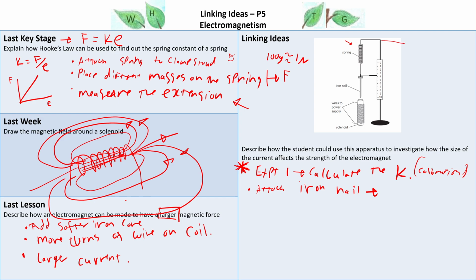So let's just say my spring, then I had my iron nail. I would put my ruler so that 0 was at the correct height. So you see there's a little measurer there. So I'd have my measurer at 0 with the iron nail on and the magnet off. Attach iron nail and set to 0.